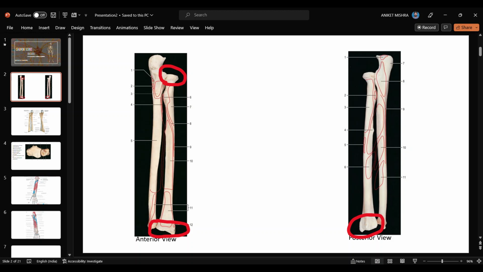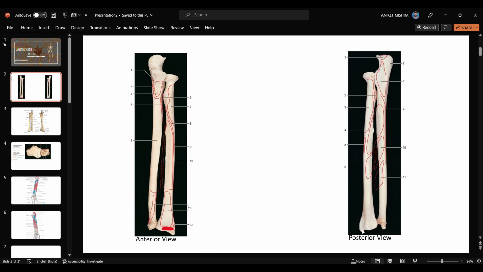When we come to the lower end, we will see how we distinguish between the anterior and the posterior surfaces. At the anterior side, there are thick prominent ridges, while the posterior surface has grooves.